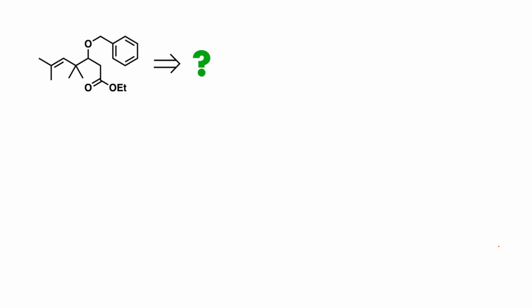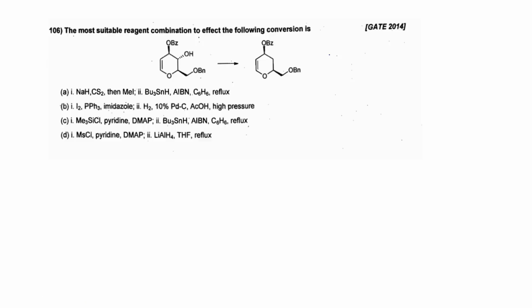So this is homework for you. A multiple-step question which will help you get an idea of how to predict the retrosynthesis of any compound. You have to plan the retrosynthesis to get this compound from this substrate.